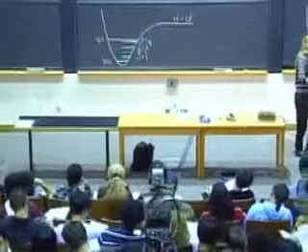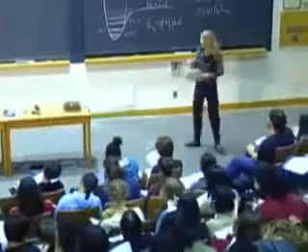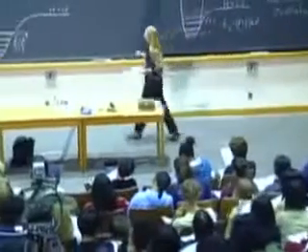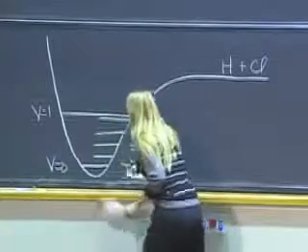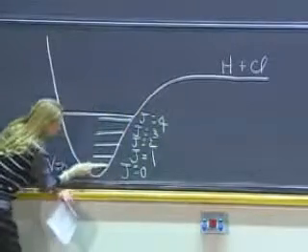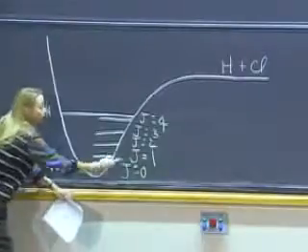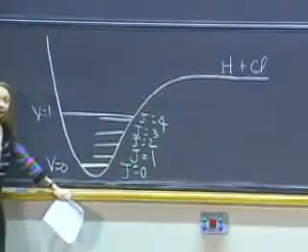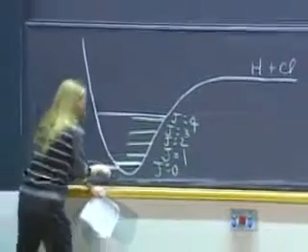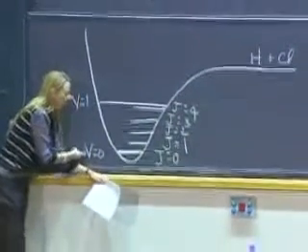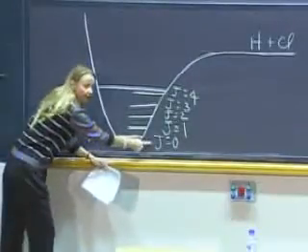Now, if you have a molecule in the ground rotational state, well, that ground rotational state here is J equals 0. And it is sitting right on top of the V equals 0 level. All right? So the bottom line is you can have a molecule in the ground vibrational state and the ground rotational state.